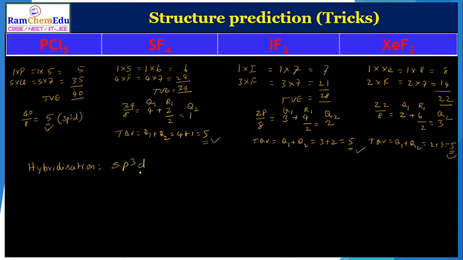So whenever we get sp3d, the standard geometry is trigonal bipyramidal. To draw this structure, we can have different formats. In order to predict the structure, we have to put the center atom, in PCl5 as P, and we have to fix the points of the trigonal bipyramidal standard geometry.